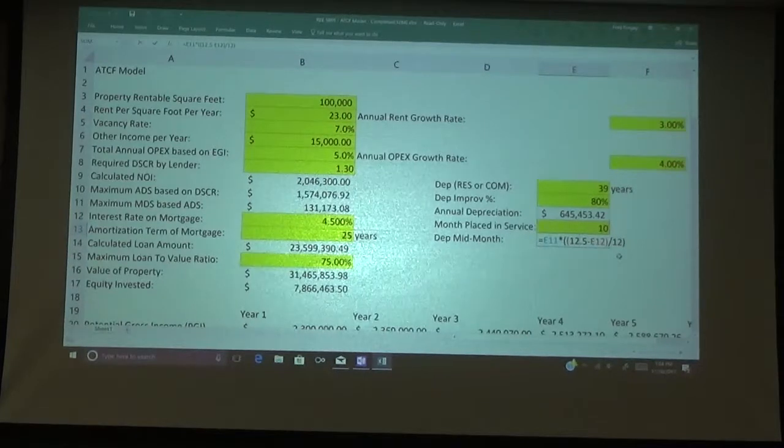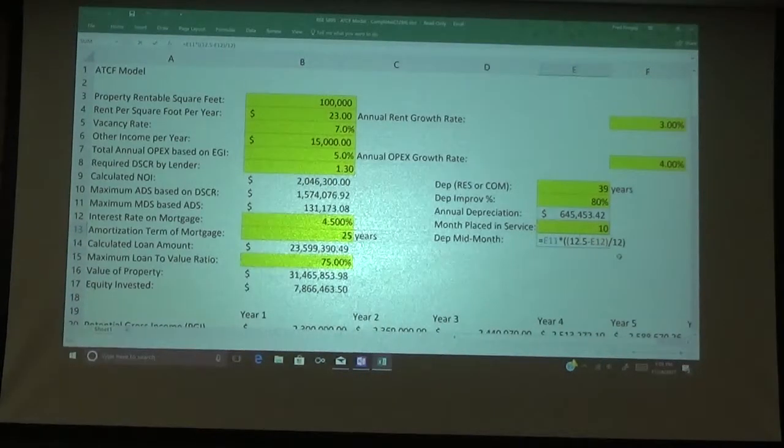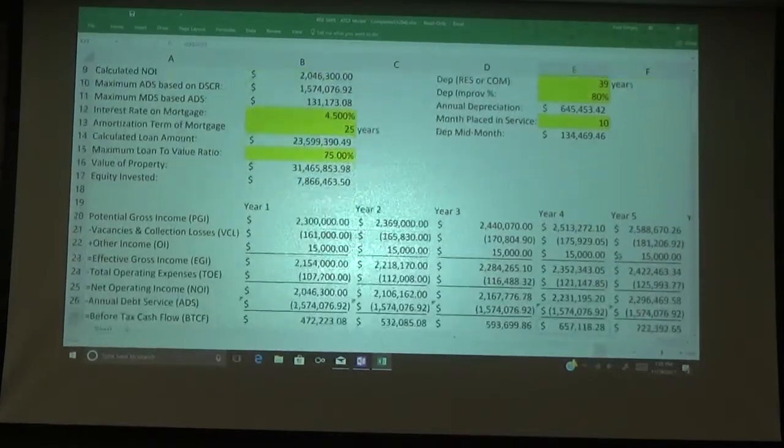So think about this for a second. 12.5 minus October, which is 10, would be 2.5. And then all that divided by 12 gives us our depreciation for the mid-month. So it's just some simple math. All right, now, moving on. Everybody comfortable with doing that calculation? All right, moving forward.